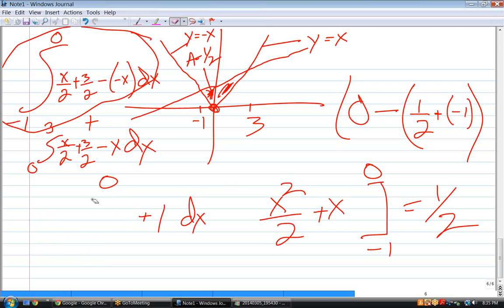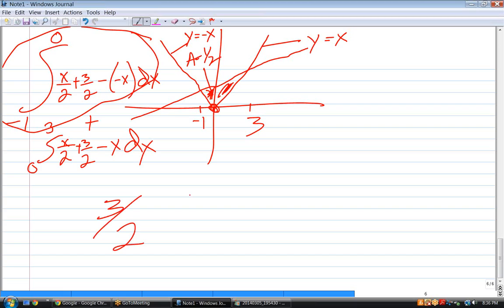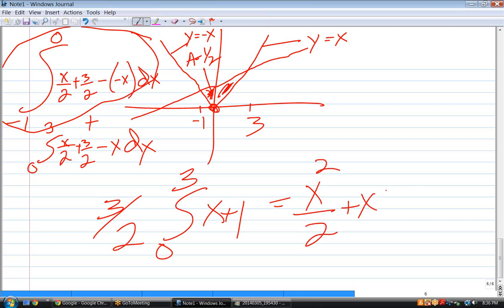Okay, so now the second part of that is going from 0 to 3. So that is 3 halves 0 to 3 of x plus 1. Sorry, could have just used the same thing.